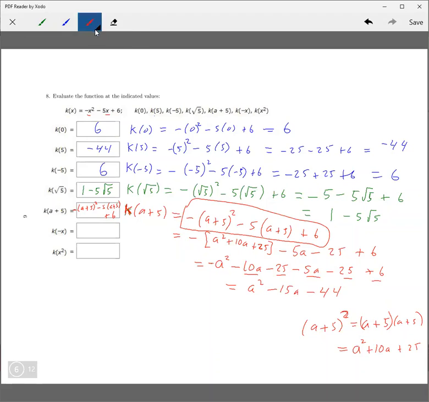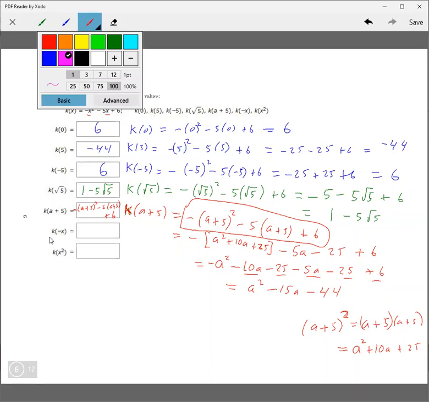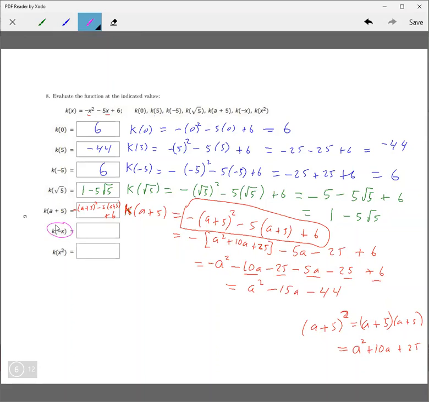Okay, and then this one right here, k of negative x. So x got replaced with a negative x. This is kind of weird, but you have to just focus. You concentrate on this one and that.